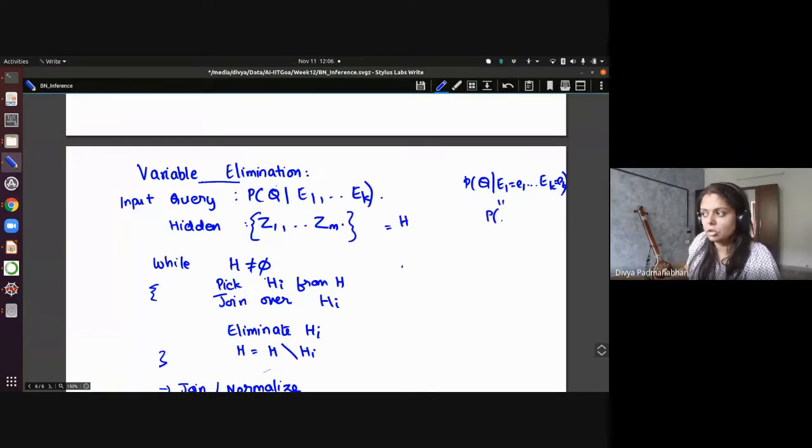Some notational things. So this means for a particular value of evidence, you want this conditional probability.